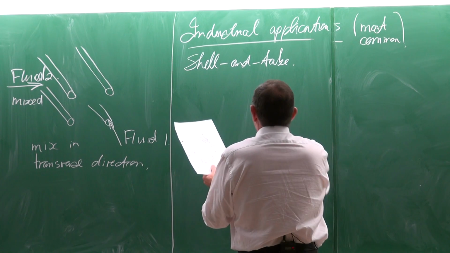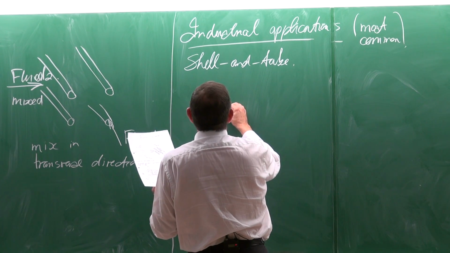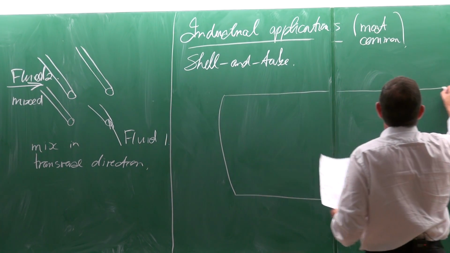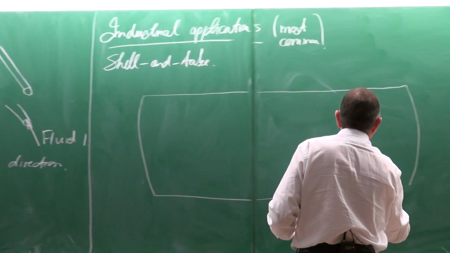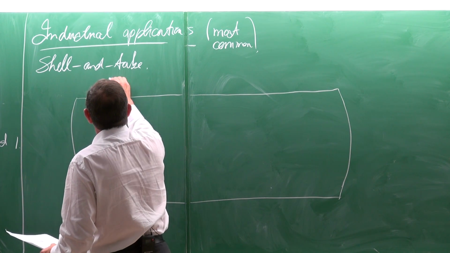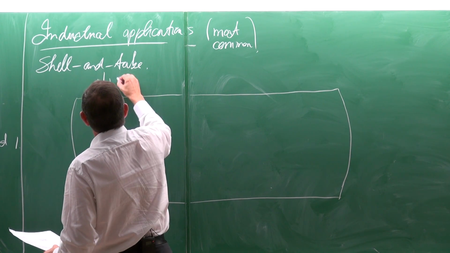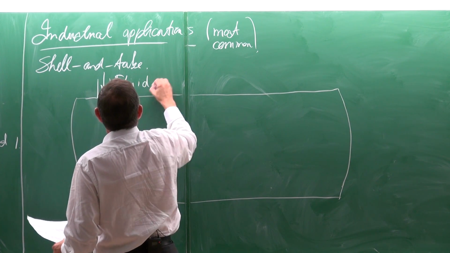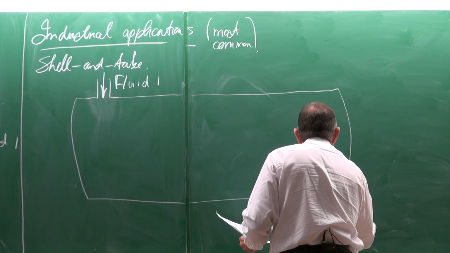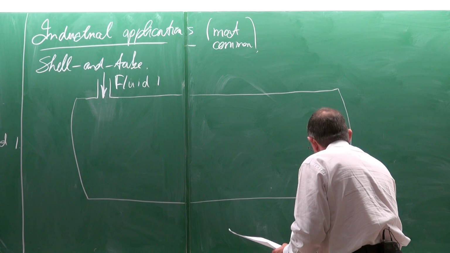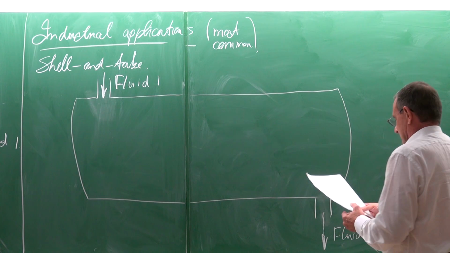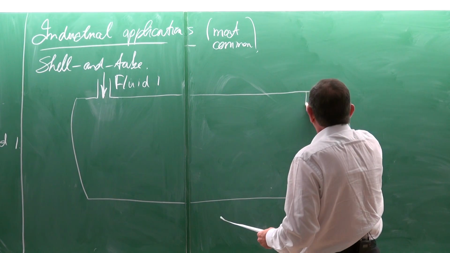And how it works is like this. You have a shell, that's where the name comes from. So this is the shell. It looks like that. And there will be an inlet for fluid 1. And there will be an outlet. Fluid 1. And in it, here we will have a header.